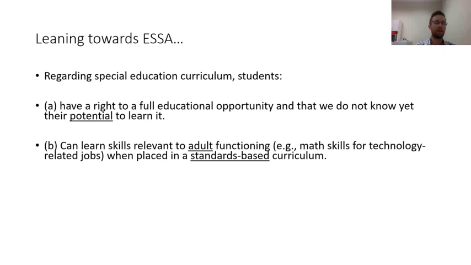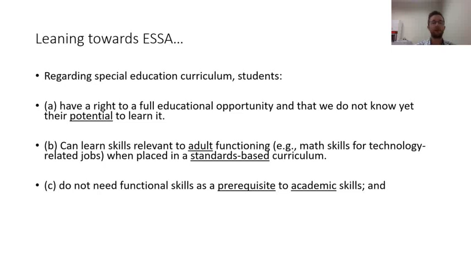B, can learn skills relevant to adult functioning. All right, so they assume students can learn skills relevant to adult functioning when placed in a standards-based curriculum, such as math skills for technology-related jobs. They also assume that students do not need functional skills as a prerequisite to academic skills.